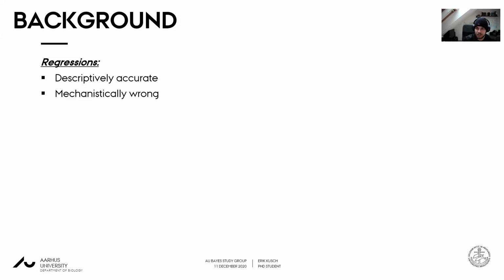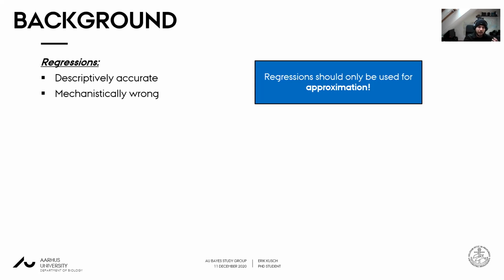That might not necessarily be a problem for us because we might be happy with accurate predictions. However, we might not have the actual understanding. So McElreath states that regressions should only be used for approximation instead of uncovering the ultimate truth about nature.